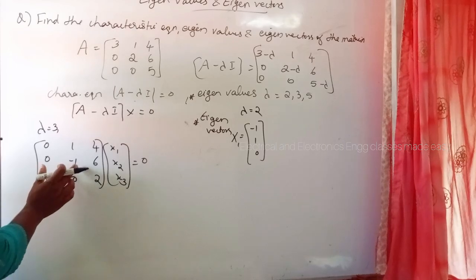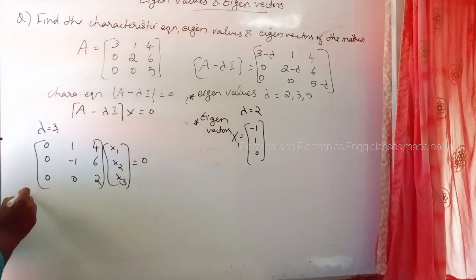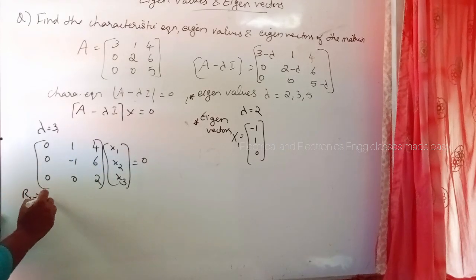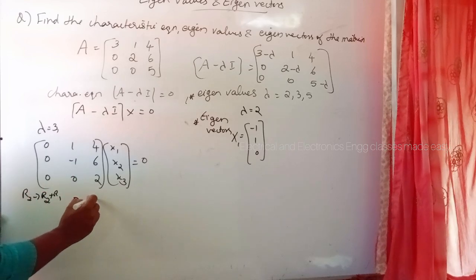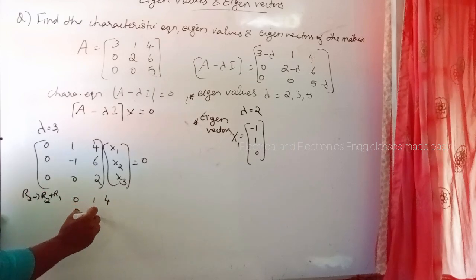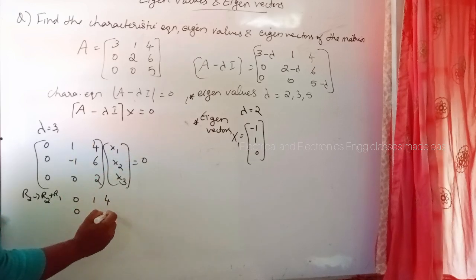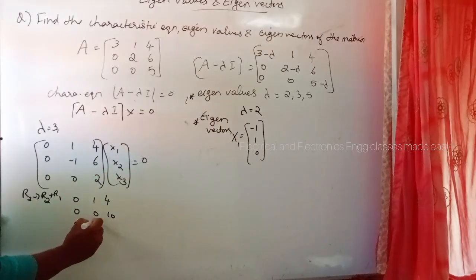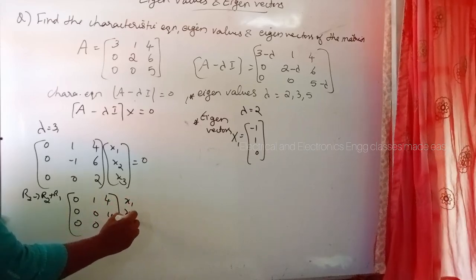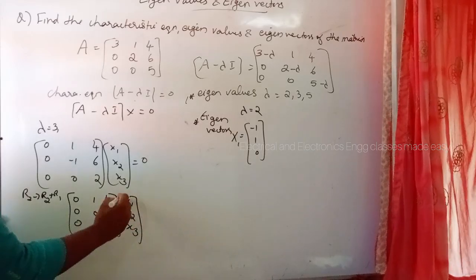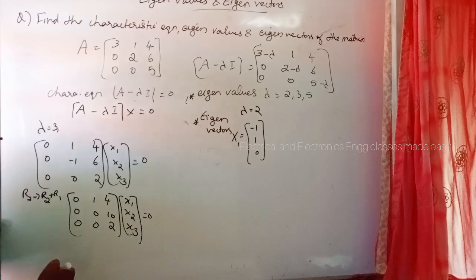Now here let us make this element 0, that is R2 implies R2 plus R1. So 0, 1, 4, 0, 0, 6 plus 4 is 10, 0, 0, 2 into x1, x2, x3 equal to 0.